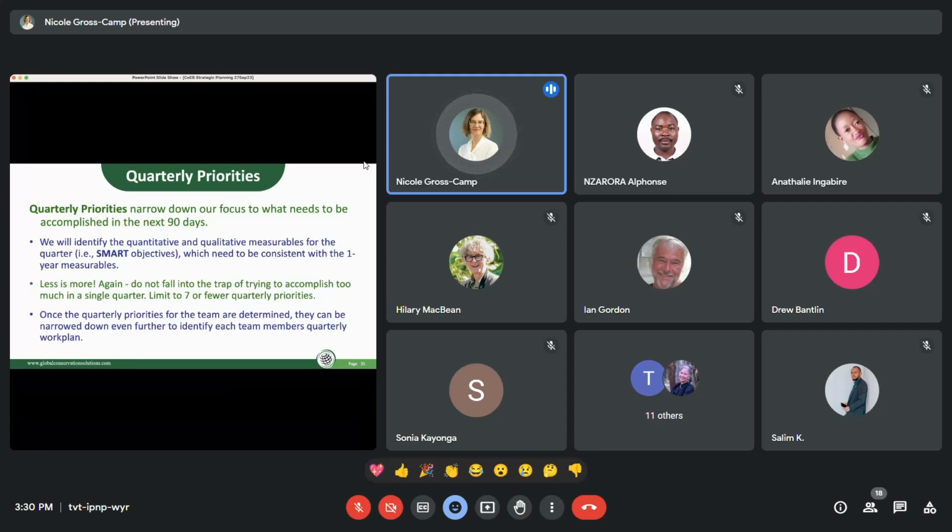And at this stage, we're actually assigning names to those priorities, so that whoever is attached to every priority is nudging folks, delegating, ensuring that priority gets done in the quarter.